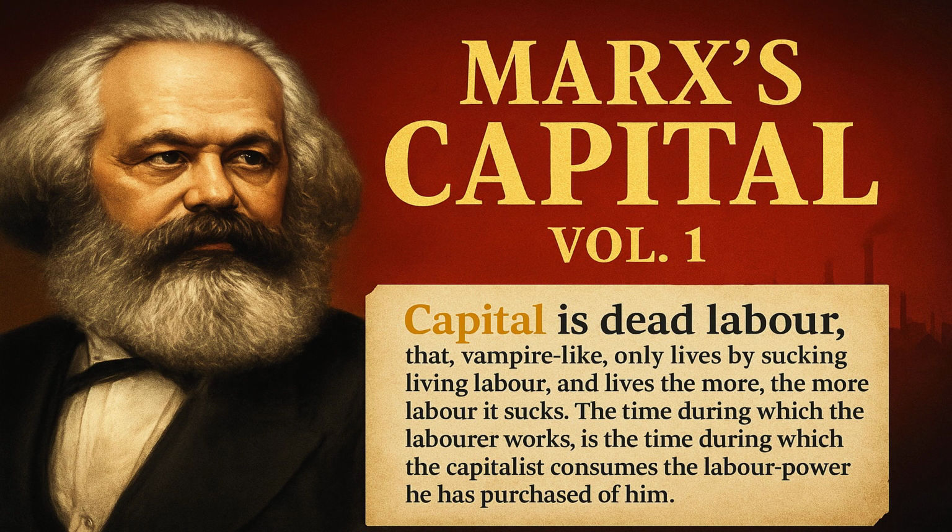The value that he preserves in the product is directly proportional to the new value that he adds to the product. In 2 weeks he incorporates twice as much labor, and therefore twice as much value, as in 1 week, and during the same time he consumes twice as much material, and wears out twice as much machinery, of double the value in each case. He therefore preserves, in the product of 2 weeks, twice as much value as in the product of 1 week.